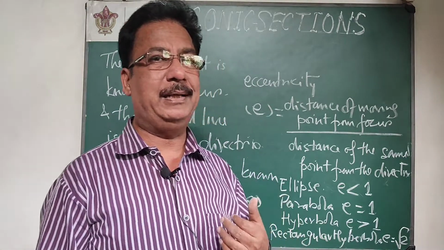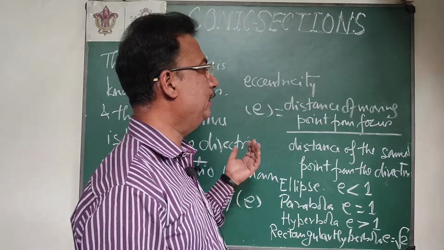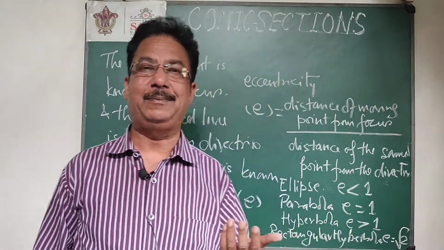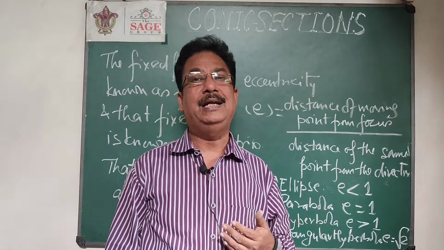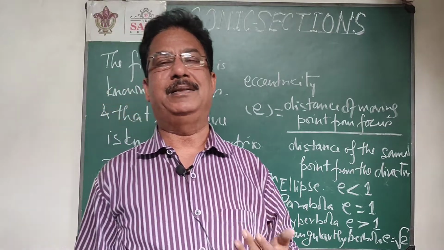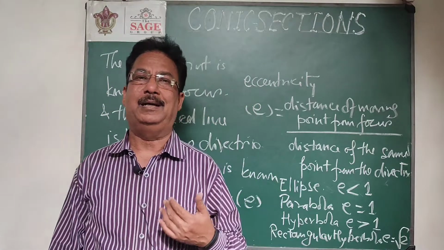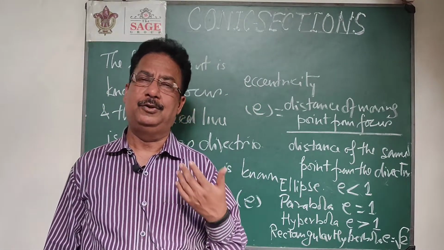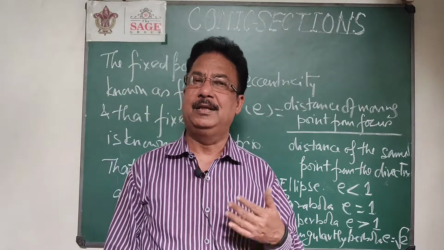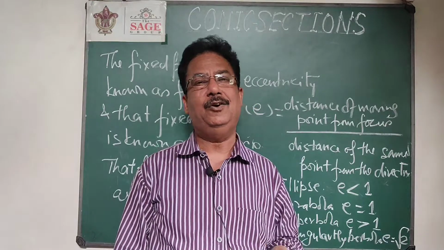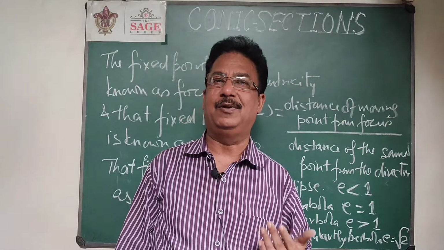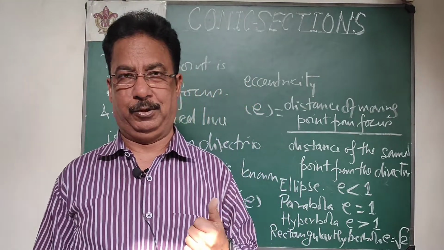The first method I am going to use is called the eccentricity-directrix method, or we can also call it the general method. Why do we call it the general method? Because with the help of the same method we can draw an ellipse, a parabola as well as a hyperbola.